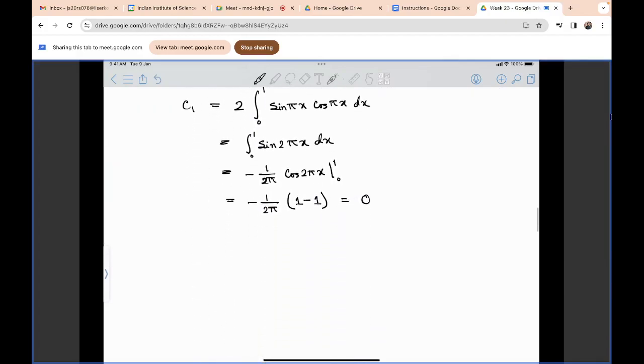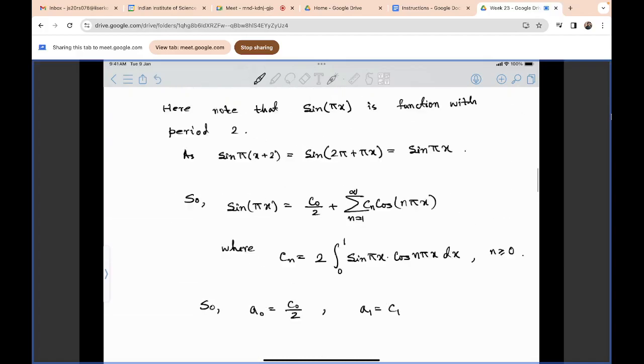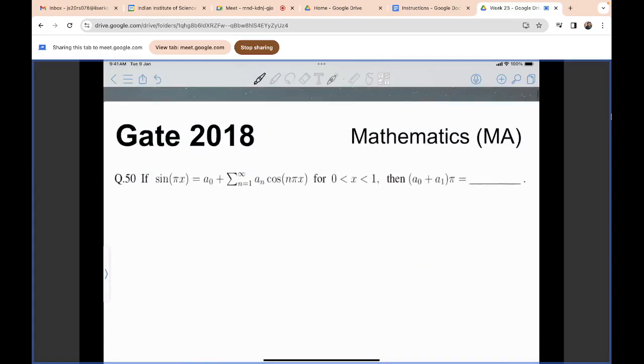So therefore, we get a naught, which is c naught by 2. c naught is 4 by pi, so it will be 2 by pi. And a1, which is c1, equals 0. So what do we need to find?